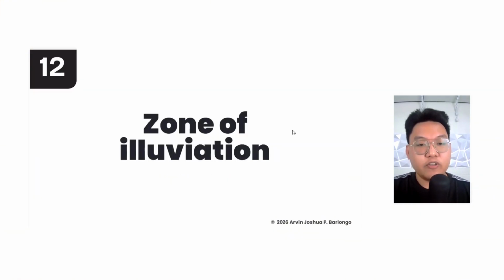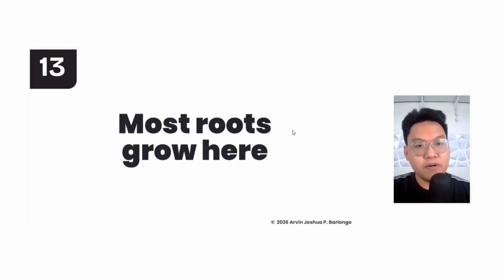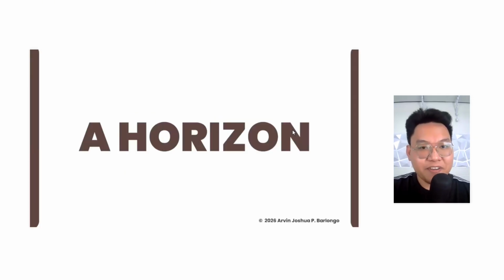Number 12, zone of illuviation. The answer here is B horizon. Number 13, most roots grow here. The answer here is A horizon.